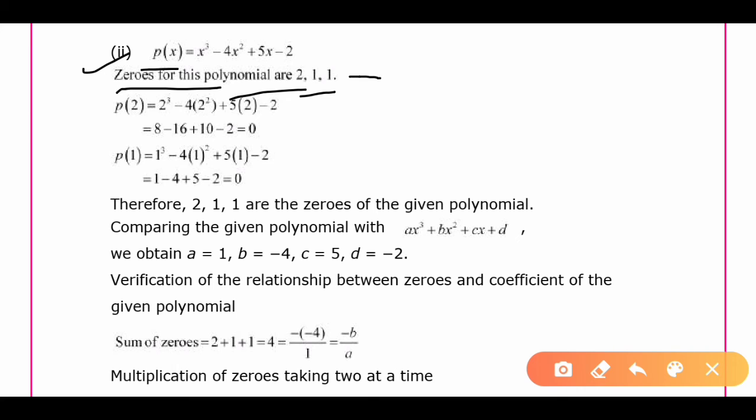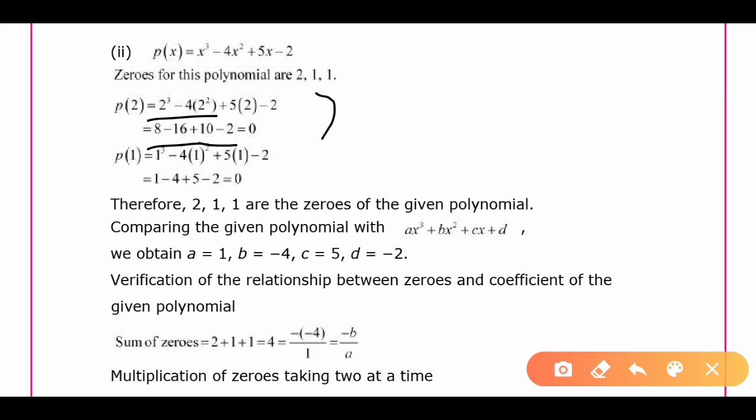After putting the values in this equation, we will get p of 2 equals 2 cube minus 4 into 2 square plus 5 into 2 minus 2, and simplifying we'll get p of 2 equals 8 minus 16 plus 10 minus 2, that is equal to 0.